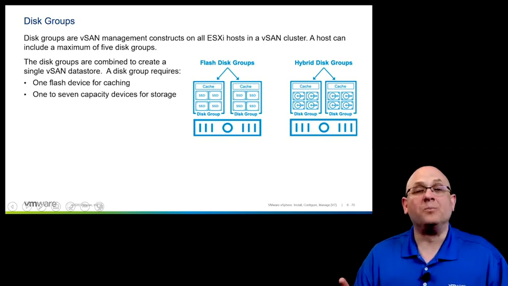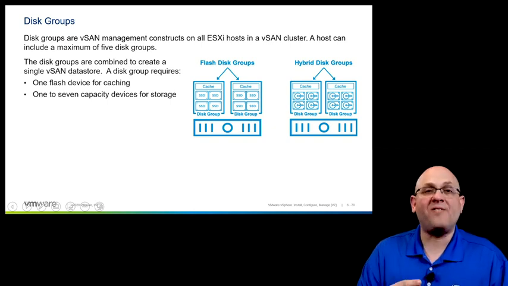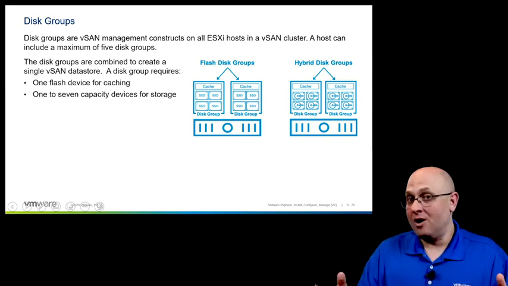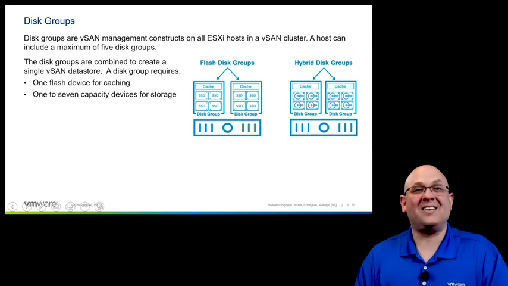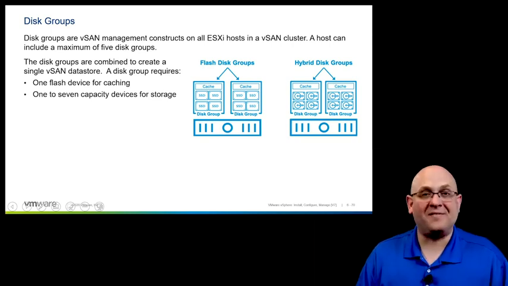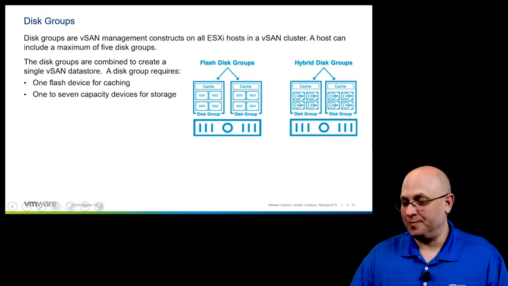Each of those disk groups has 7 capacity devices. 7 times 5, that's 35 devices for capacity in each ESXi host, times 64 hosts, times the largest solid-state device that happens to be out there, and that's the size of your vSAN data store. You're talking about many petabytes in this case.